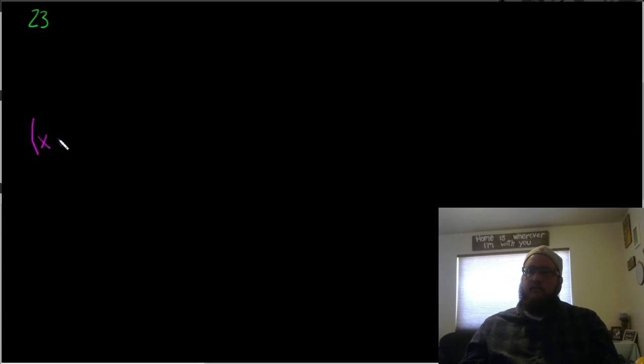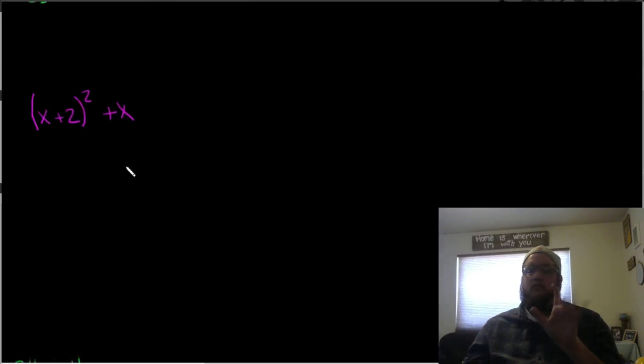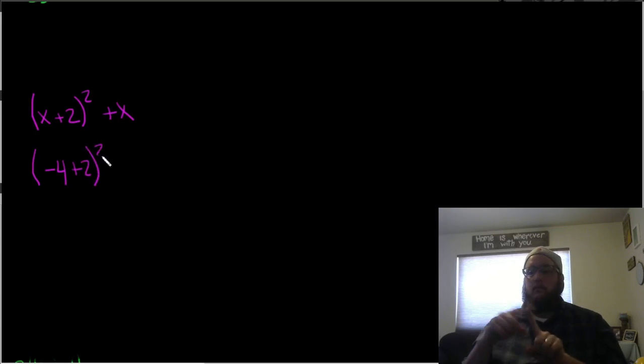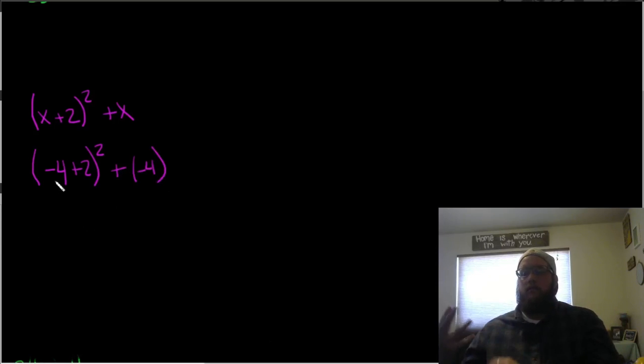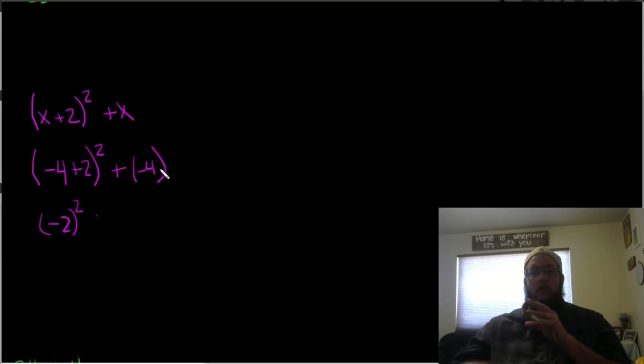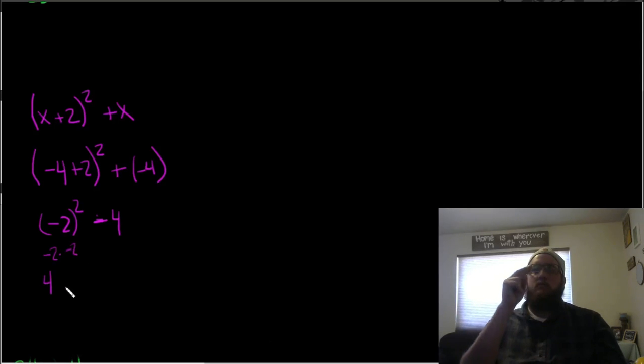So it's x plus 2 quantity squared plus x, and we're evaluating it at negative 4. So negative 4 plus 2 quantity squared plus negative 4. Negative 4 plus 2 is negative 2. Plus negative 4 just becomes minus 4. Negative 2 squared is negative 2 times negative 2, which is 4. 4 minus 4 is equal to 0.